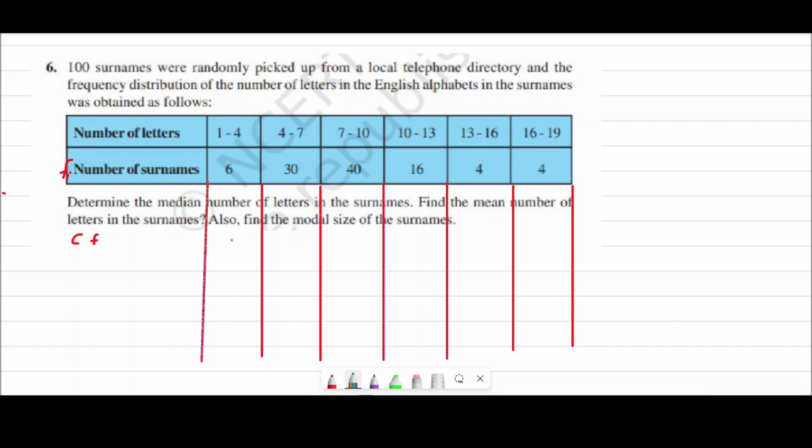Now what is the value of CF? First we write 6, then 6 and 30, that will be 36. So put here 36, and here again add it, that will be 76, then 92, then 96. Now this will be 100. Now this is CF.